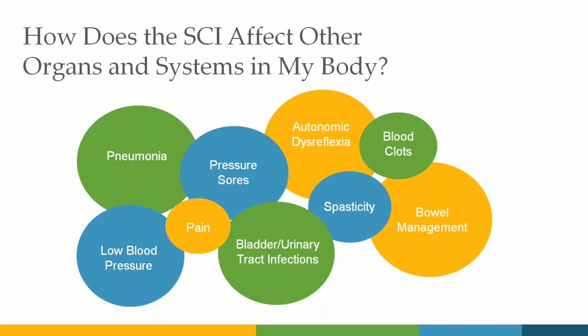And they're going to need to do a bowel program more often to clear out their bowel. An individual that has an injury above that T12 or L1 level is going to need to do a bowel program a little less frequently. They could go every other day, and they're going to have something called a spastic bowel.